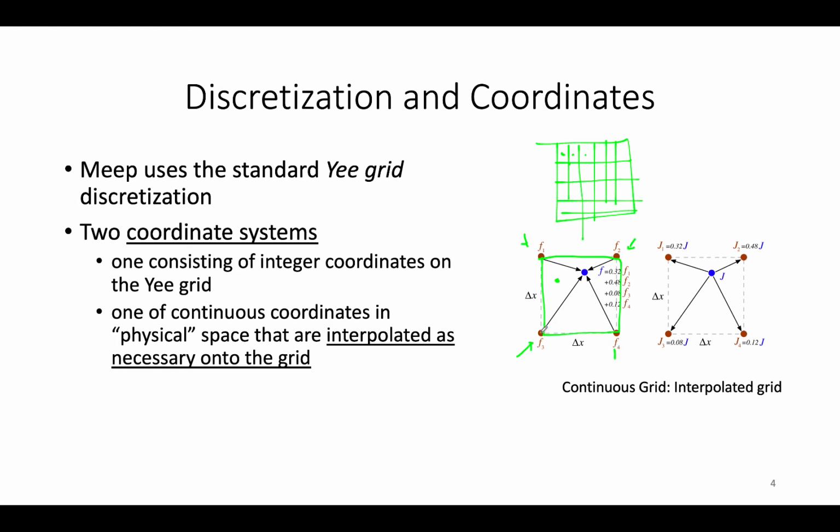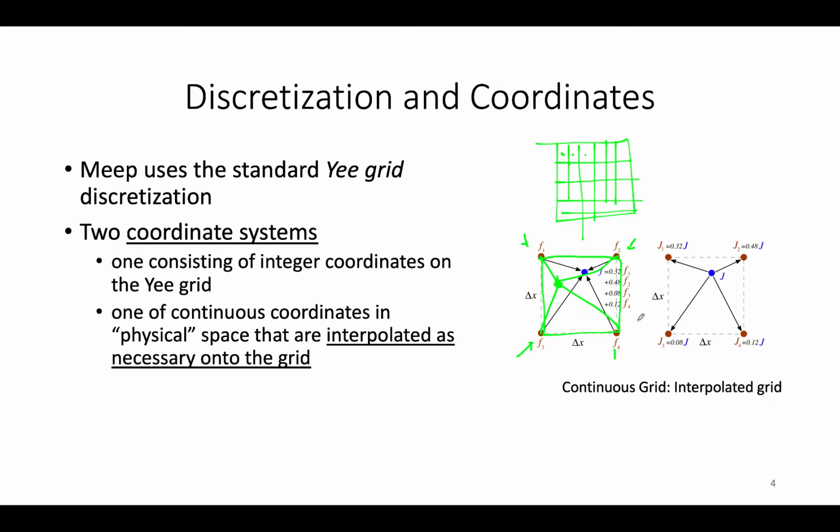What we are doing is taking these 4 values and, depending on the distance, making a weighted average of the different values of F1, F2, F3 and F4.